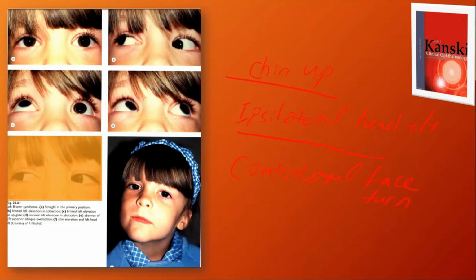So chin up. Ipsilateral head tilt because the head tilt is almost on the hypotropic side. Contralateral face turn because we have a problem in the adducted position. Whenever we have a problem in adducted position, because the adducted eye works on the contralateral side, we will get contralateral face turn. All right.